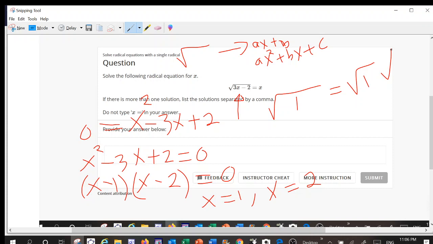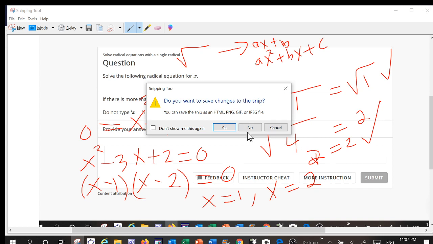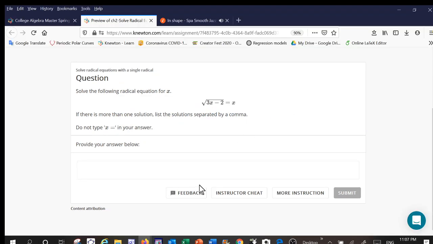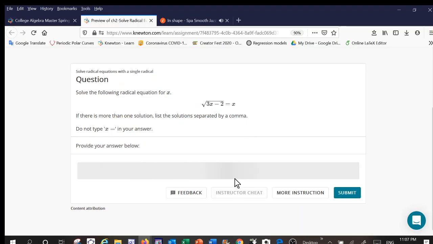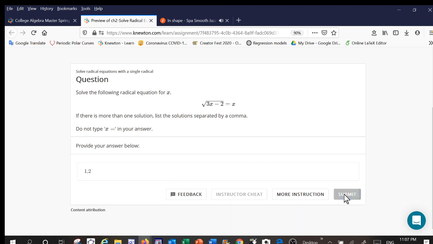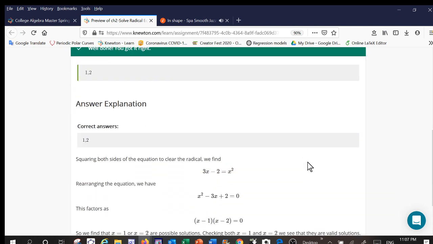If I put a 2 there, I get the square root of 3 times 2 is 6 minus 2 is 4, and then on the right-hand side I also get 2, square root of 4 is 2, so it does work. So the solutions are 1 and 2. 1 comma 2. All right.